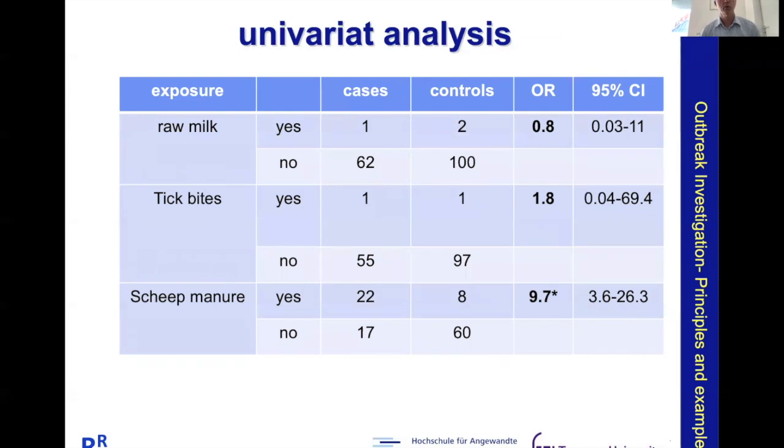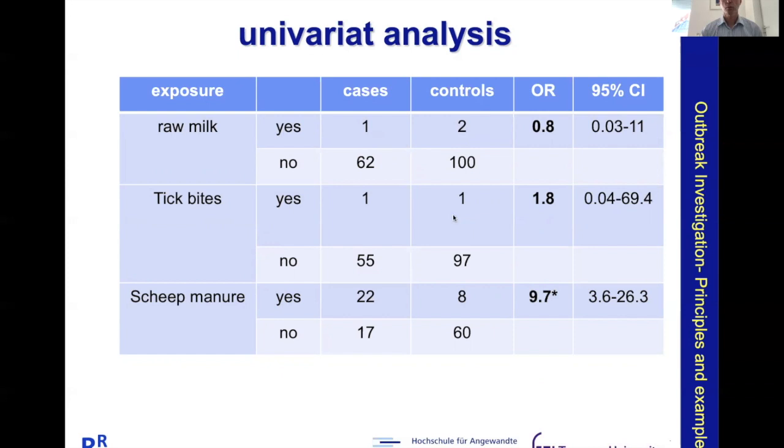Okay, then let's come to the real risk factors. The strong risk factors like drinking raw milk. Do you think drinking raw milk was a risk factor? No. Almost nobody drank raw milk. They all follow your advice and drink pasteurized milk.